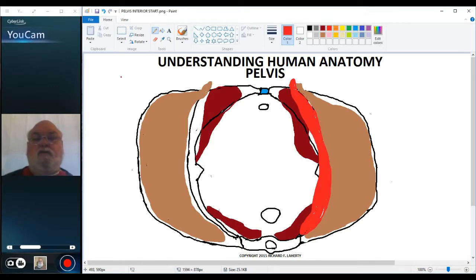And psoas major is also a flexor of the femur. So I'm going to draw it in on the other side around like so, and then where it merges with iliacus. And we'll come back. And remember, psoas major is a round muscle in cross section.